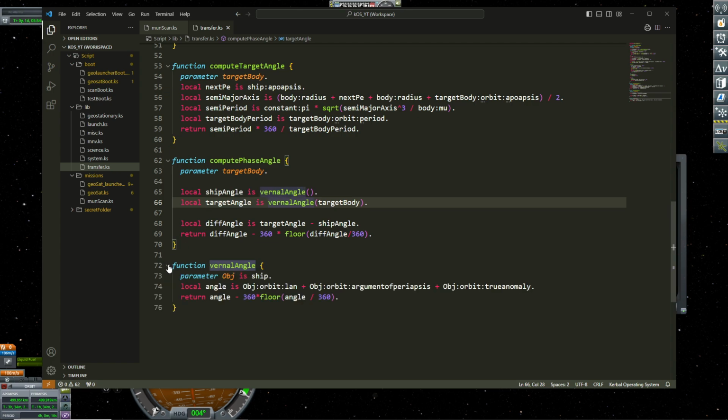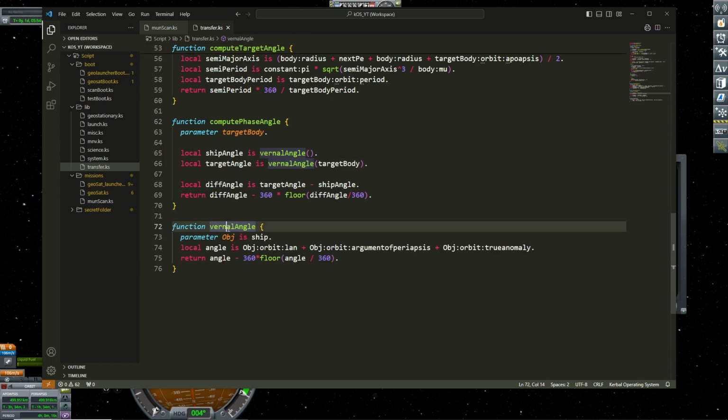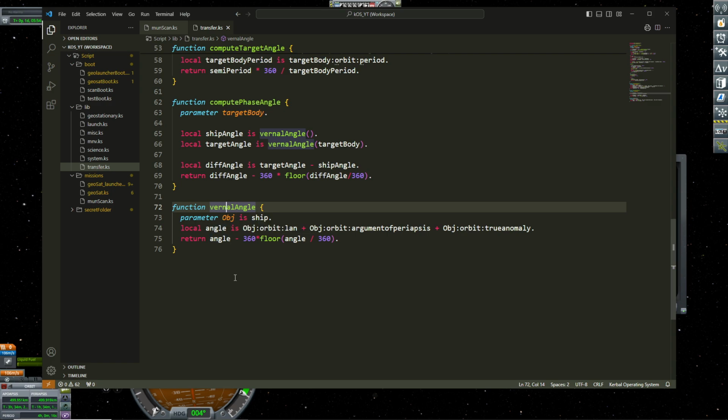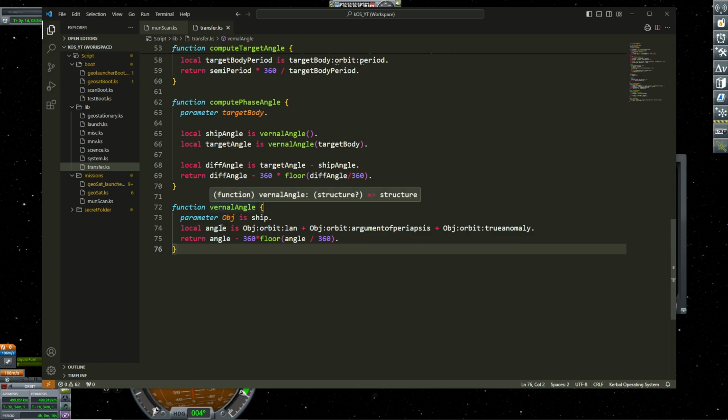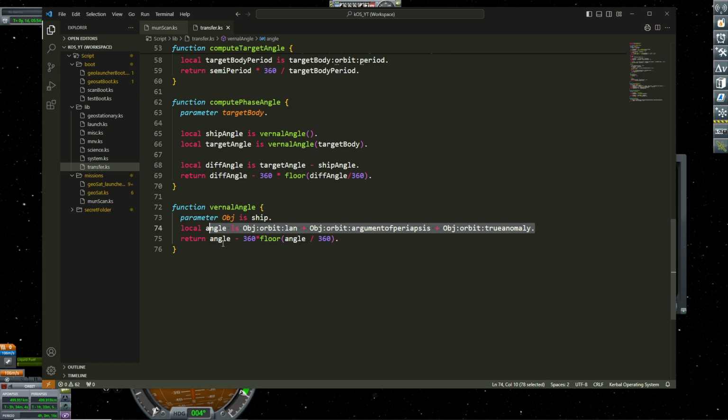If I was clear in my previous explanation, to get the vernal angle, you just need to look at the LAN of your orbit plus the argument of periapsis plus the true anomaly. And if this angle is greater than 360, you can apply that little math formula to keep your angle always between 0 and 360 degrees.